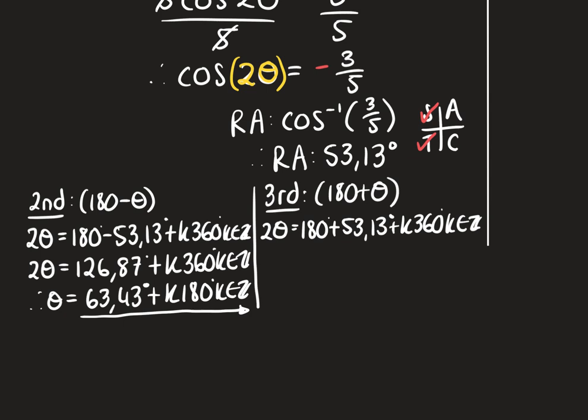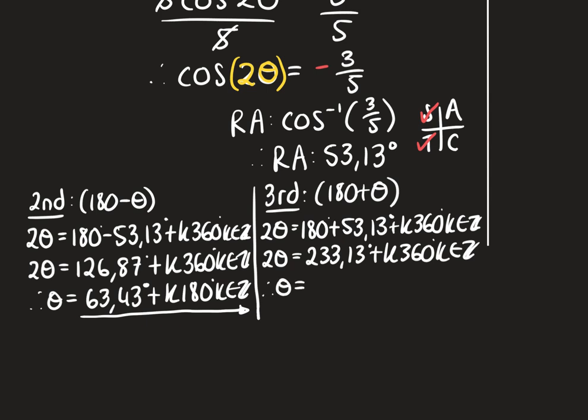Okay, now we're going to carry on with the third quadrant, and do the exact same thing. So we're going to go 180 plus 53.13, and that is going to give me 2 theta equals 233.13 plus K360. K is an element of integers. And then we're going to divide everything by 2.